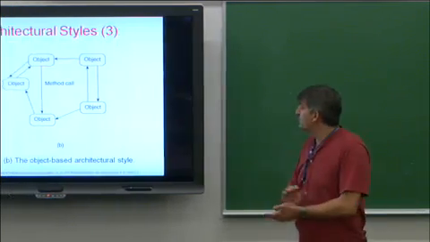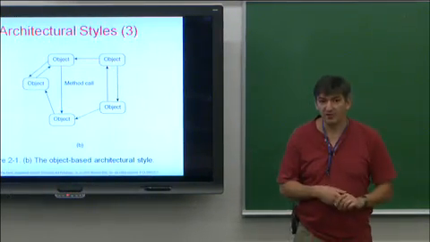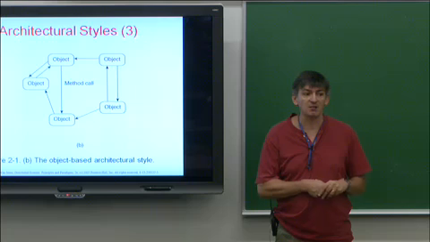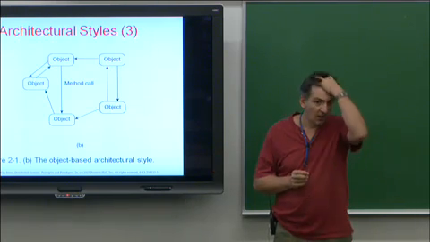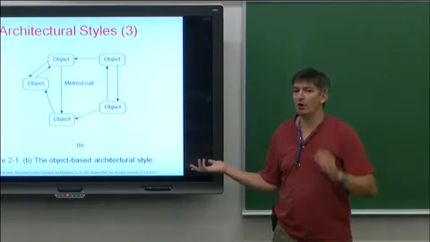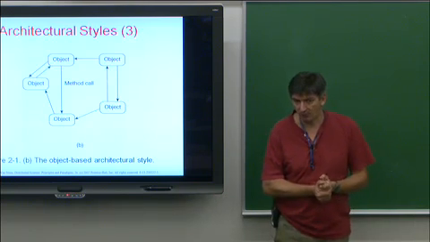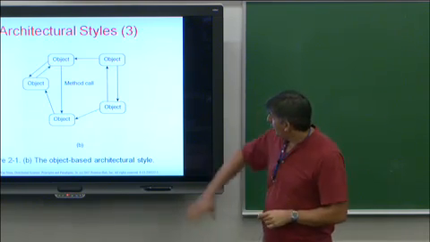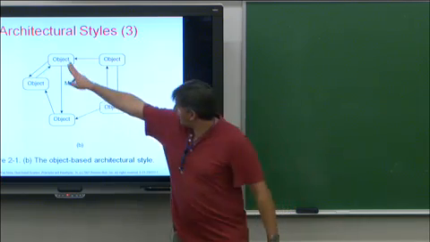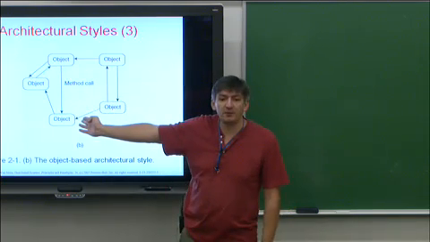Now, this is an object-based architectural style. You have various objects, and the objects somehow communicate with each other. This fits perfectly the object-oriented design. The arrows mean some sort of a method call.